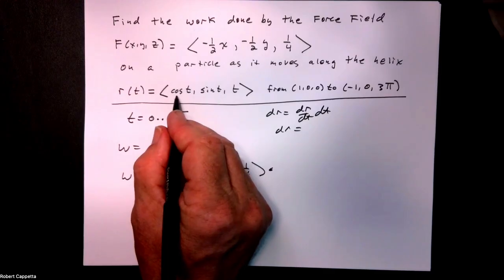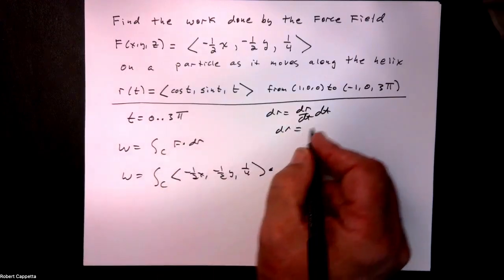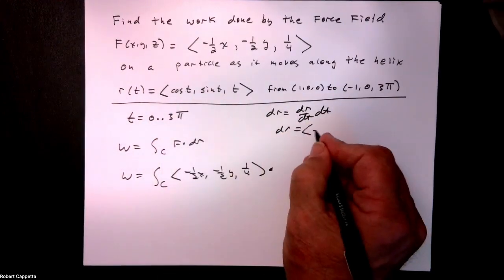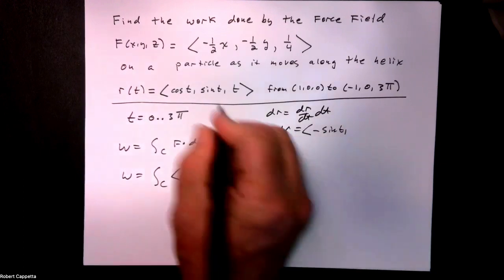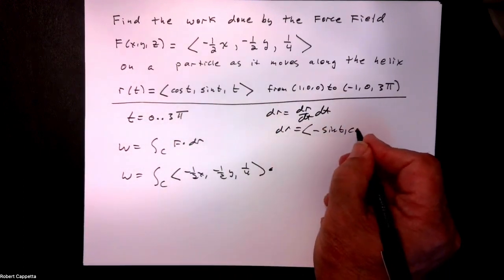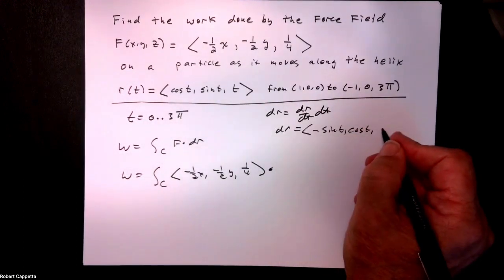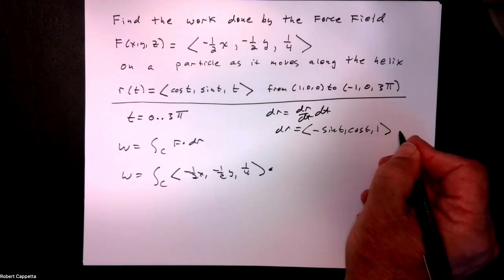So what is my velocity? We see r of t is cos t, sin t, t. The derivative of cos t is negative sin t, the derivative of sin t is cos t, the derivative of t is 1 dt.